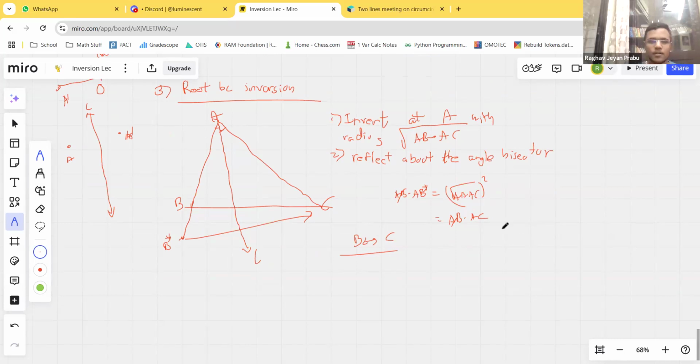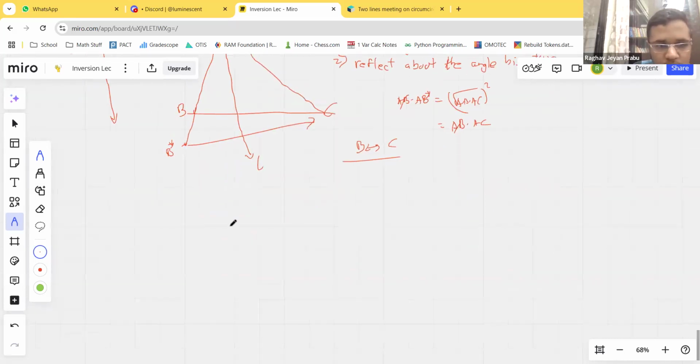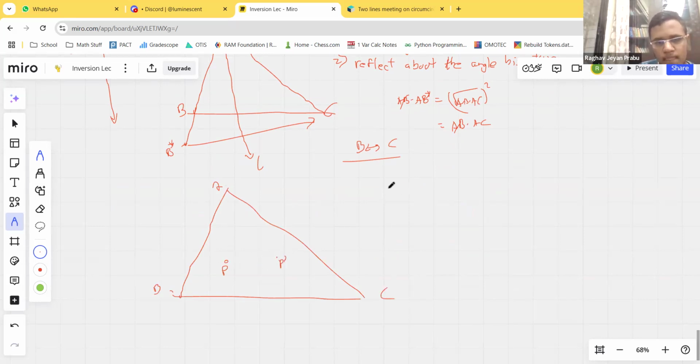Okay, one note. Say I look at 2 points. If I have any points A, B, C, and say P becomes P dash, then you have AP and AP dash to be isogonal. Does everyone know what isogonal means, or has it not been covered yet?